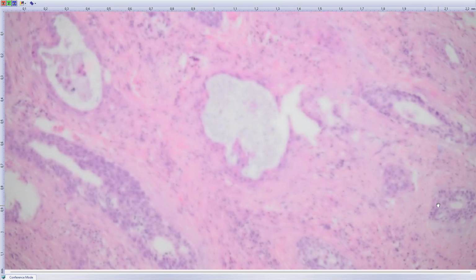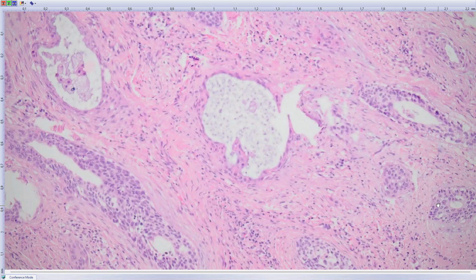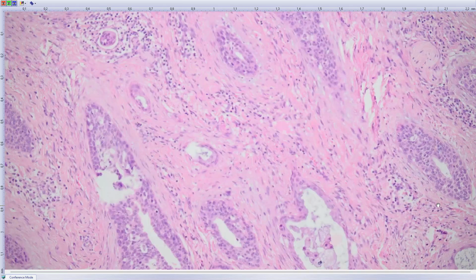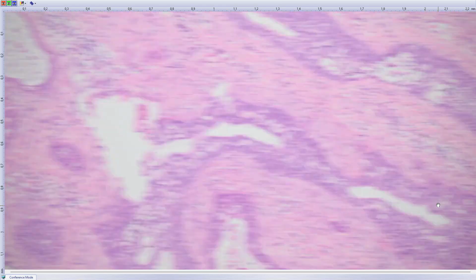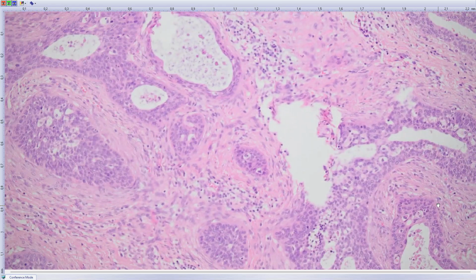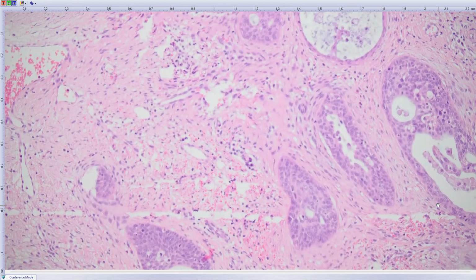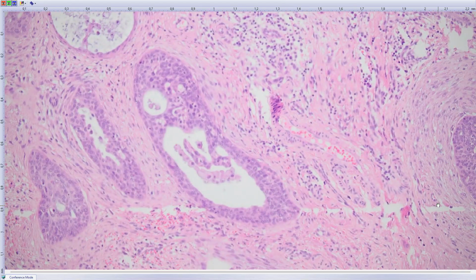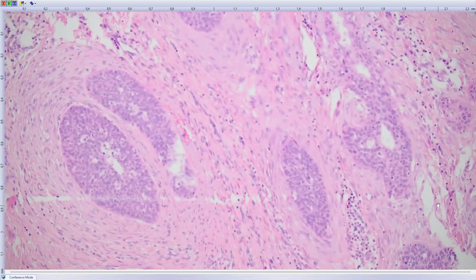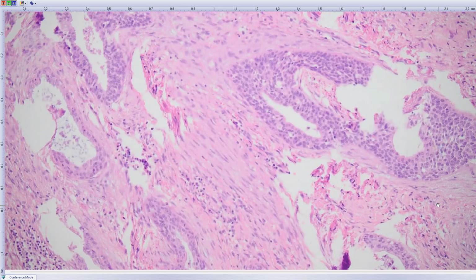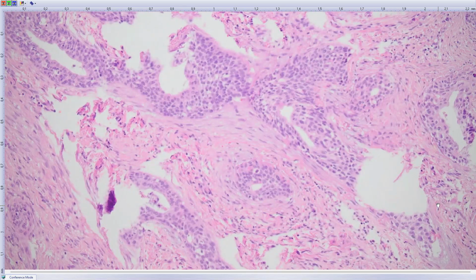Part of epithelium is squamous cell, but part of epithelium is glandular, and mucinous. It is what used to be published in the 60s as primary mucoepidermoid carcinoma of anus, but all these lesions are HPV-driven lesions. This is again HPV-16 in women.